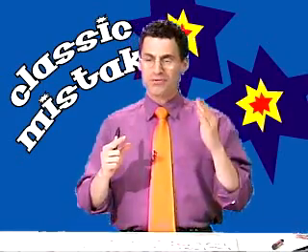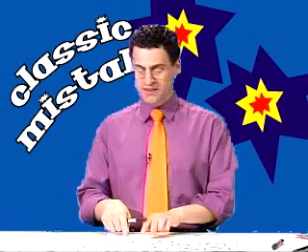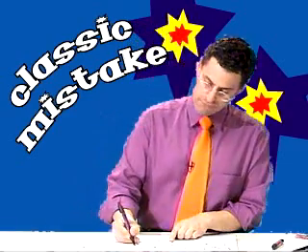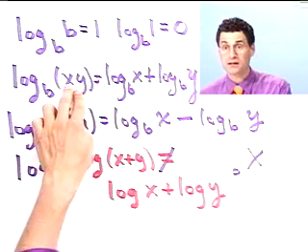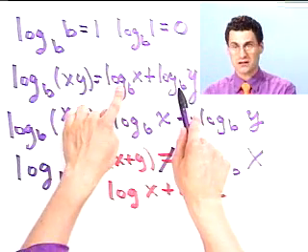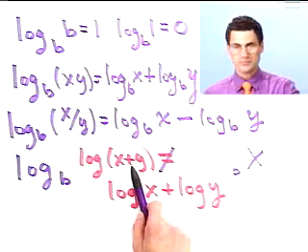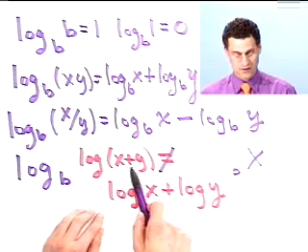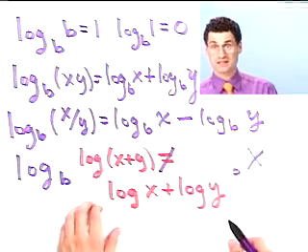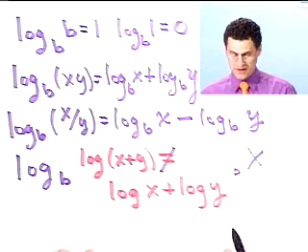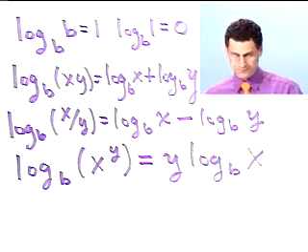Always remember, the log of a sum is not the sum of the logs. This is false. The log of a product is the sum of the logs. The log of a sum has no standard formula in general. So please don't make this classic mistake. In fact, number 9 on my list of top 10. Classic mistake. So there's a false formula.